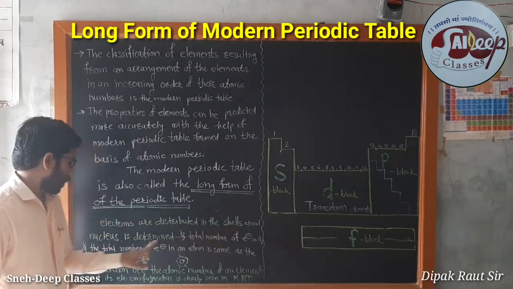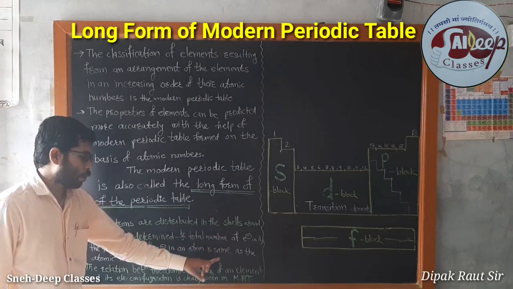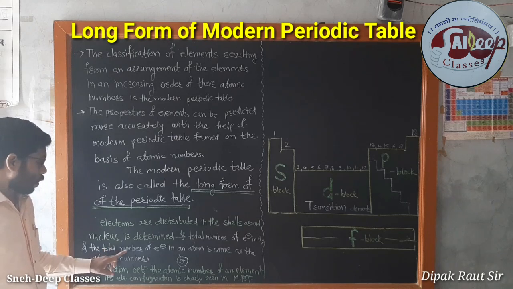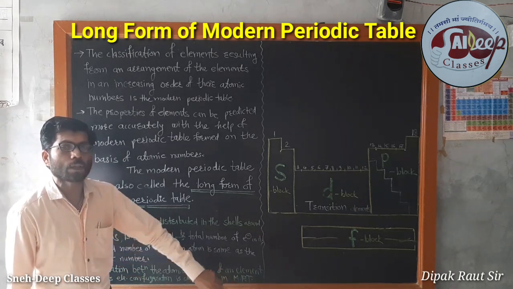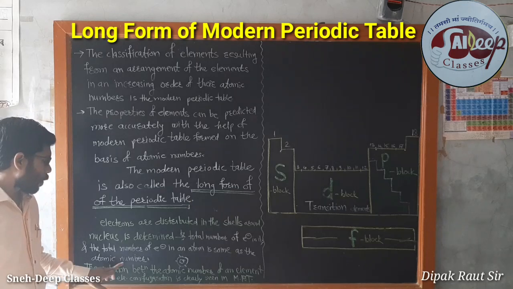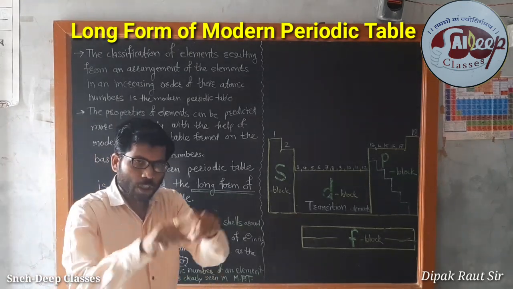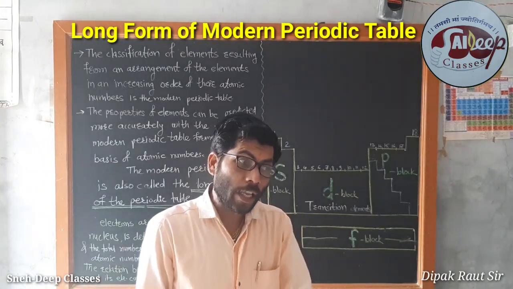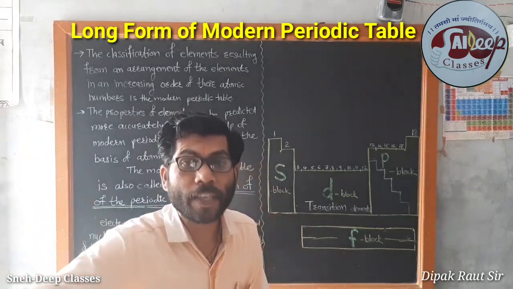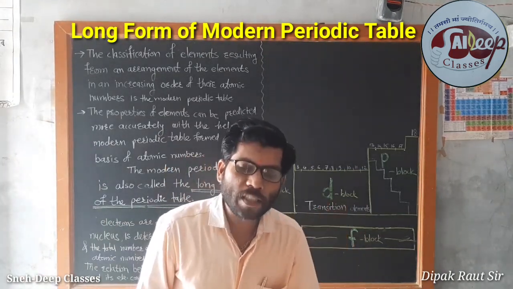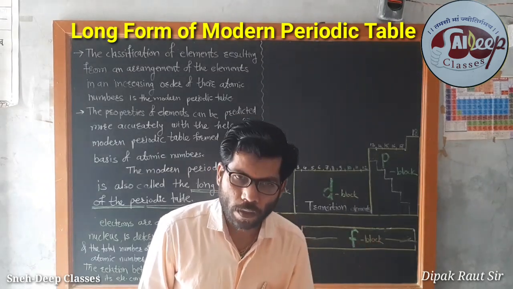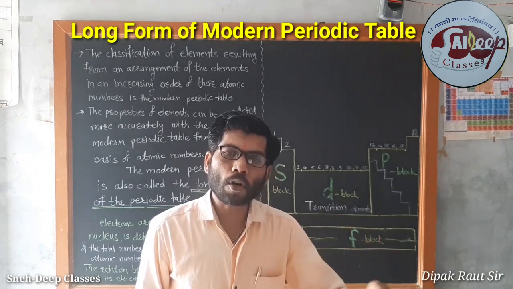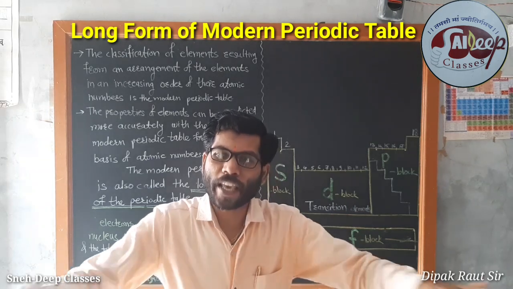The total number of electrons in an atom is the same as the atomic number. That means, in short, students, the atomic number, the number of electrons, and the total number of electrons in the atom are the same.